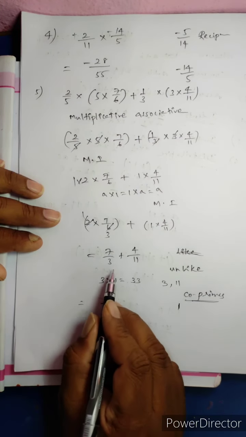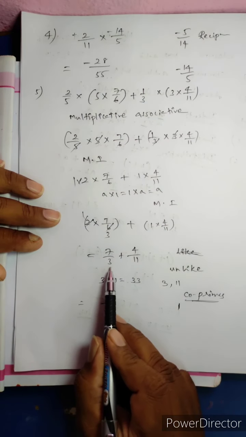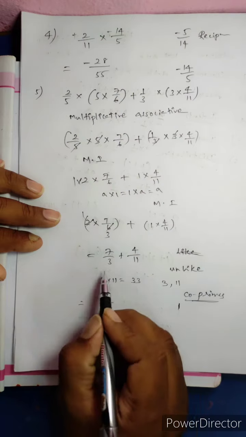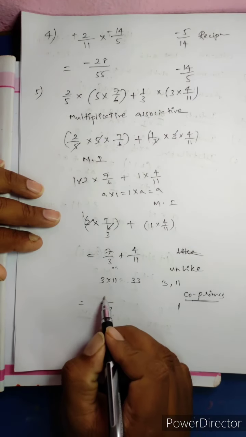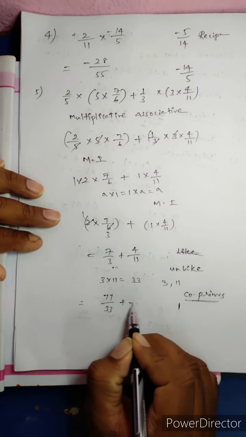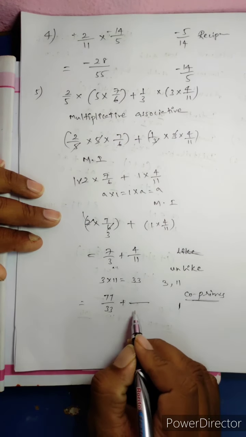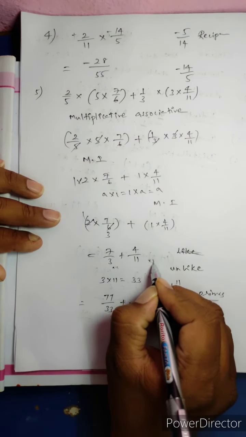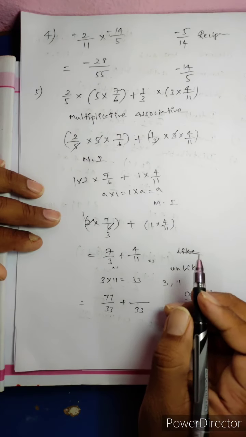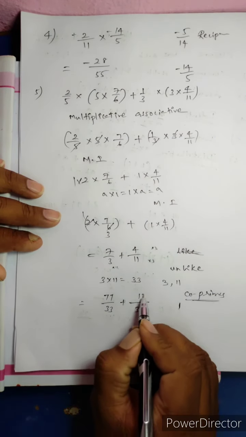So we need to multiply by 11. 3 11s are 33. Now I multiplied the denominator with 11, then multiply the numerator also with 11. 11 7s are 77 plus. Now convert this 11 to a denominator of 33. 11 3s are 33. I multiplied the denominator with 3, so we need to multiply the numerator also with 3. 4 3s are 12.